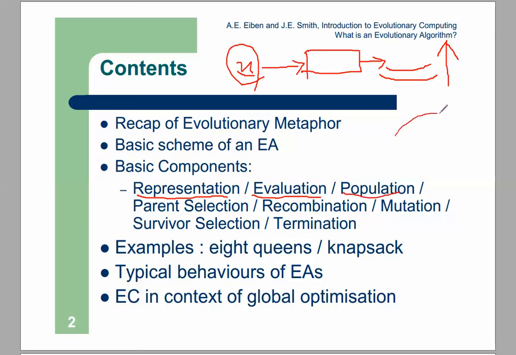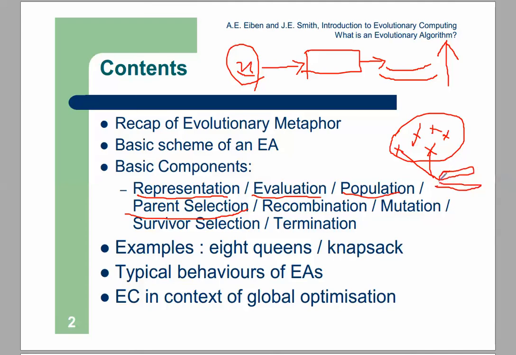Population: a collection or a set of solutions in each generation or in each loop of the algorithm is named population. Parent selection: each time we select parents, father or mother, such as a married couple, and these two parents combine and produce a new generation or children.